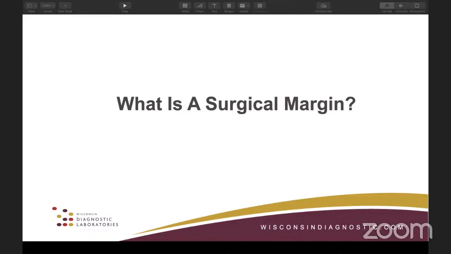And I'm going to show a lot of examples of what that means. So that's the basic idea of what a surgical margin is. And these are important because, of course, we know that a positive margin is not good for the patient. These things affect the staging, these things affect the treatment. And if you've got a positive margin, you often need to go back for additional surgeries.